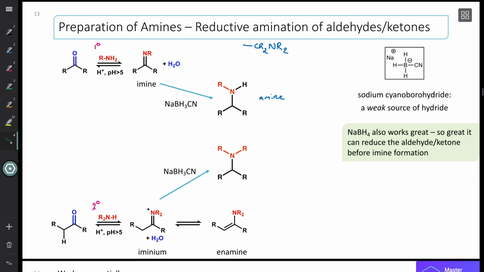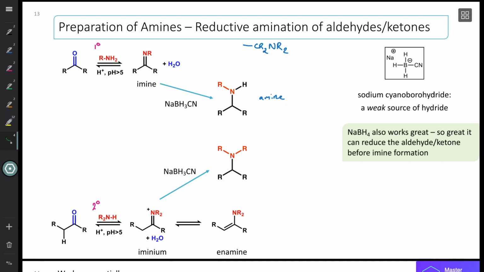This is the structure here. It's similar to sodium borohydride, but there's a cyano group here, and it's an even weaker source of hydride.